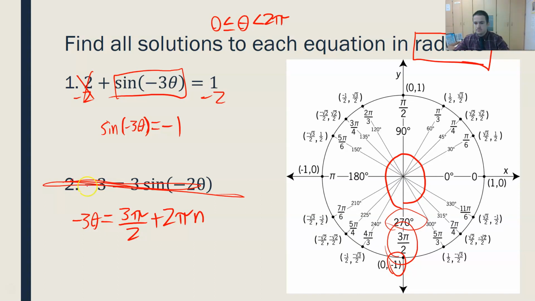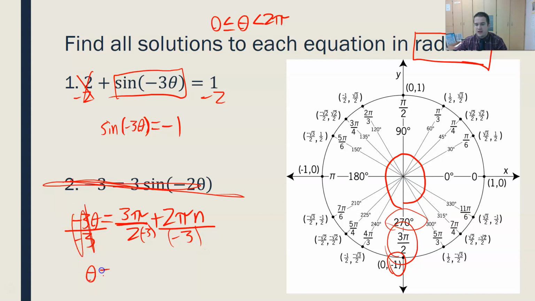Okay. Well, I have negative 3 theta, so I'm going to need to divide by negative 3 on both sides. So this needs to be divided by negative 3, and this whole thing needs to be divided by negative 3 as well. So those are going to cancel.